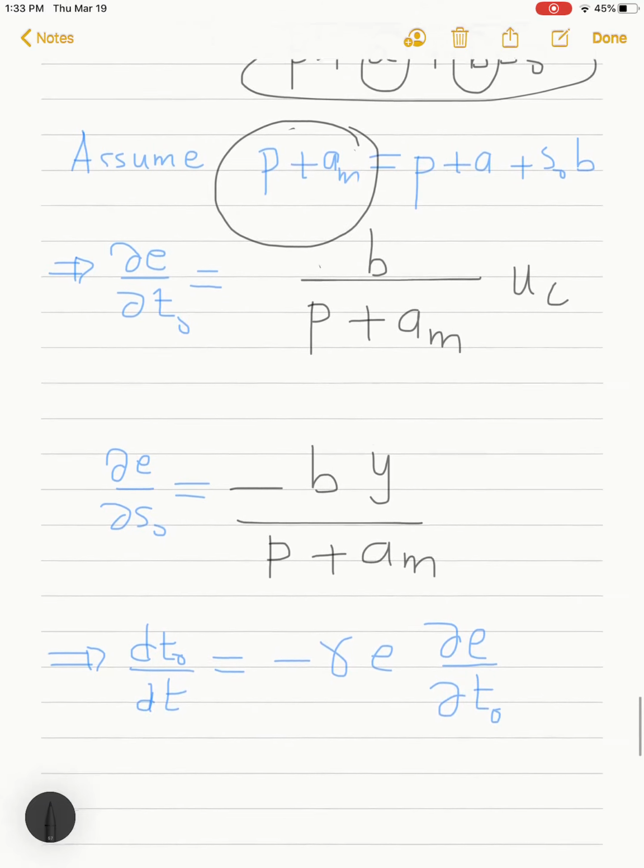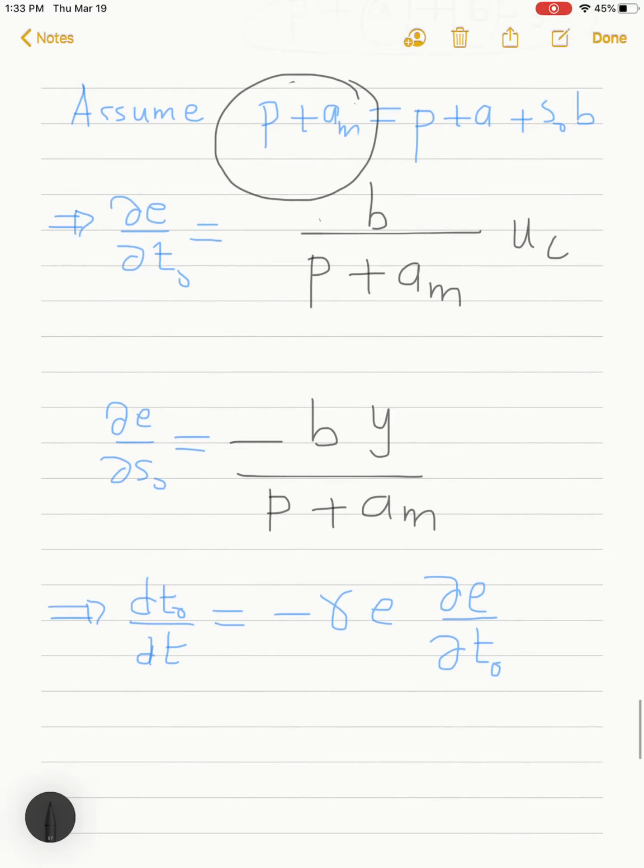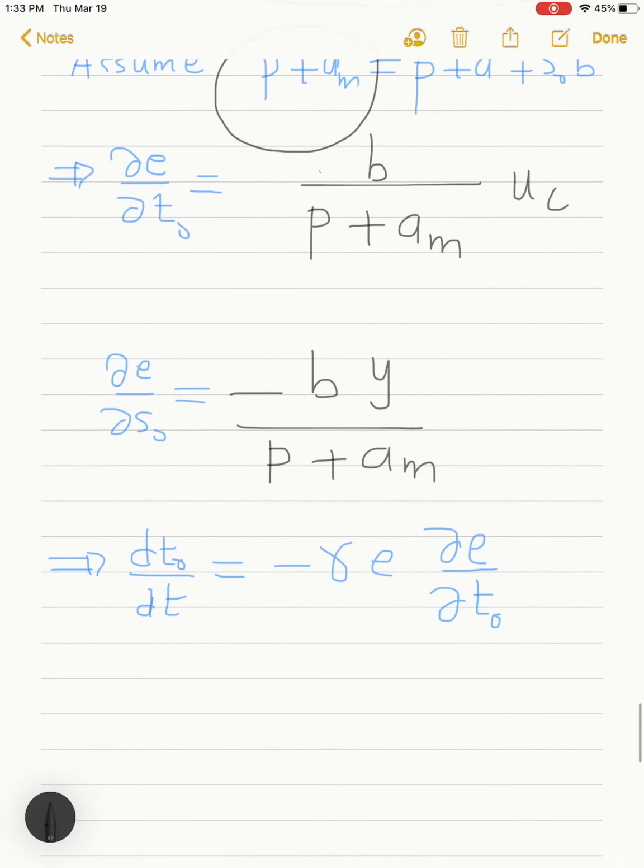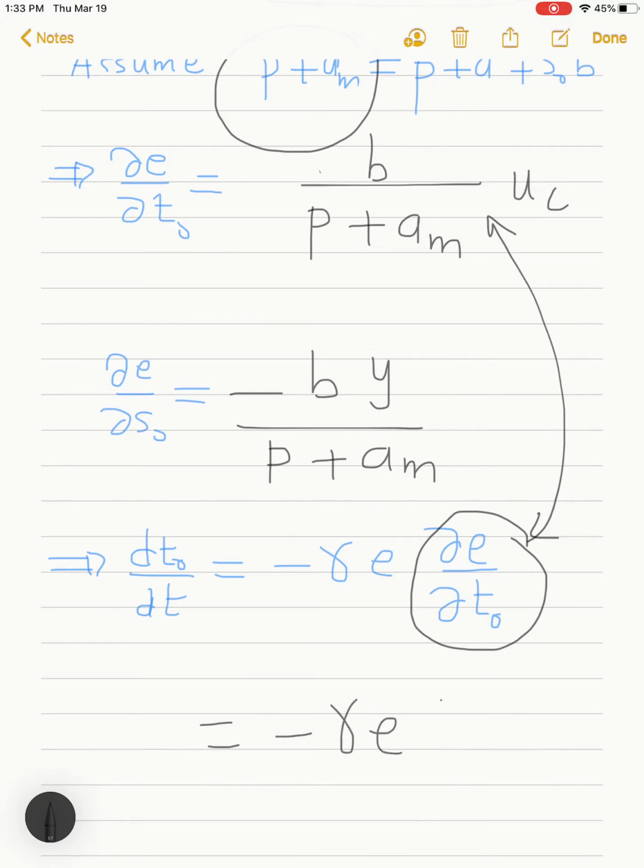And finally, I can calculate the rate of change of the parameters, the adaptation equations for the parameters. So just by substituting for de/dt0 from the equation here, I can write that as -gamma e times 1 over (p + am) times uc.